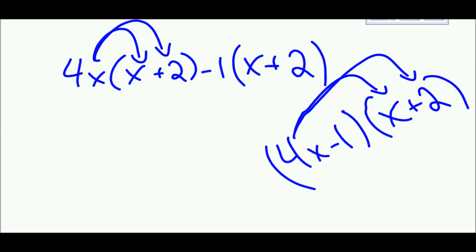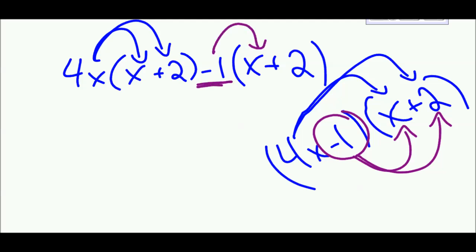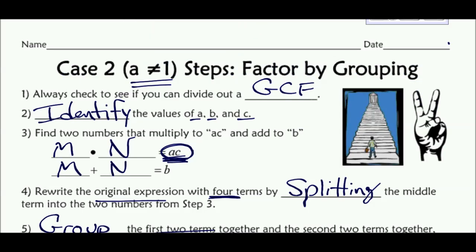The exact same thing happens with this -1. The -1 gets distributed in here. That's why we can factor it out and make it into one thing. Basically, it's reversing that distributing process that we would be doing going forward. Problems will make more sense after we do a couple more examples.